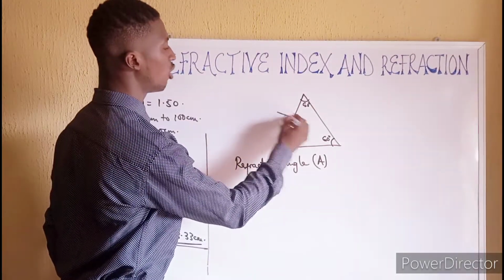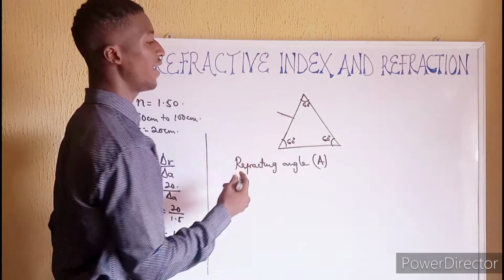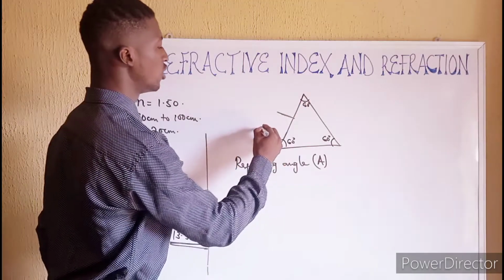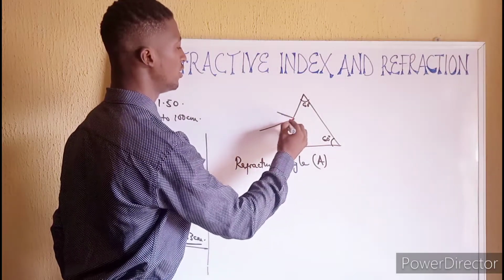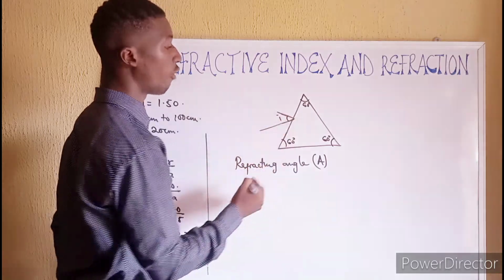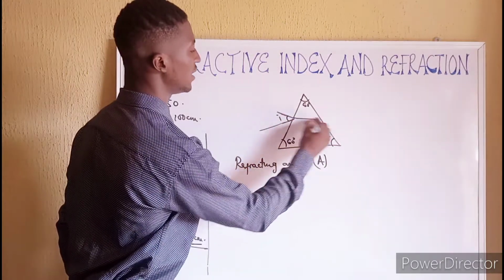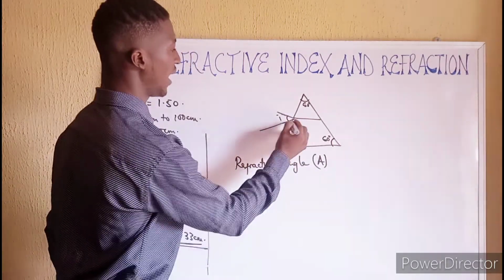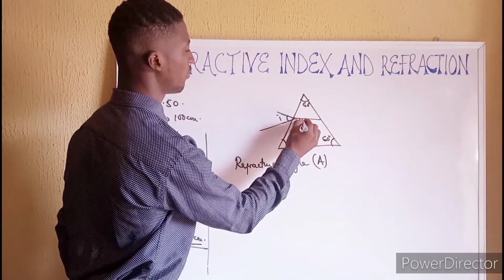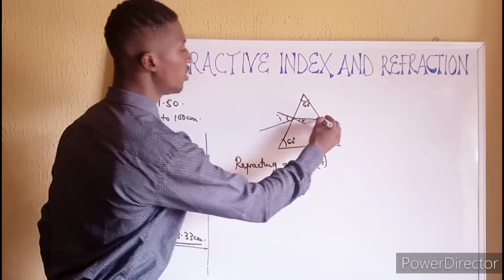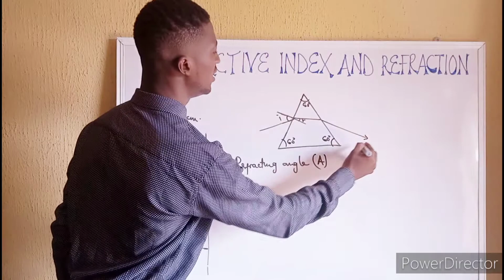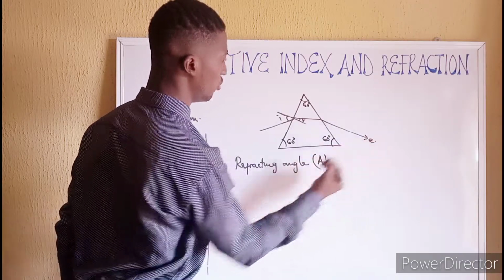When we have a normal, as said earlier, we can have a normal drawn on the plane surface. So when a ray of light is incident at an angle of incidence, this ray of light is refracted at an angle of refraction. Now when this ray comes out on the other surface, this ray is called the emergent ray.